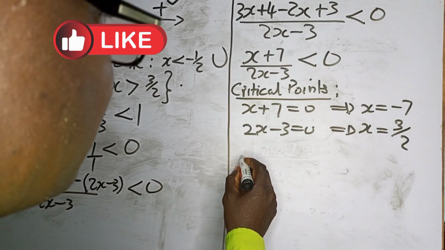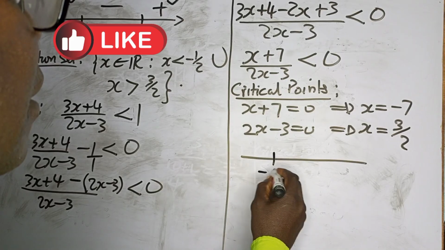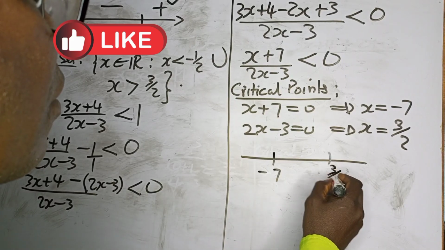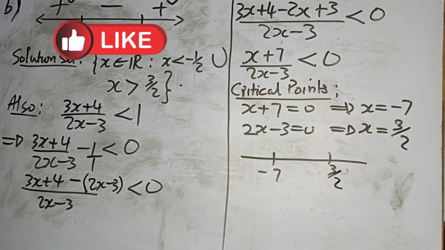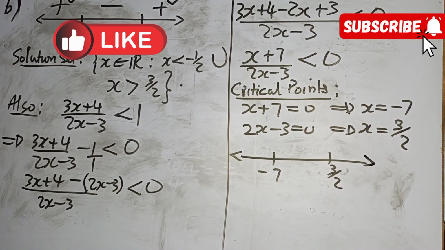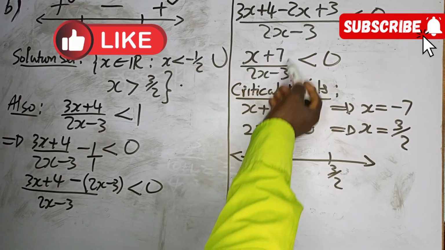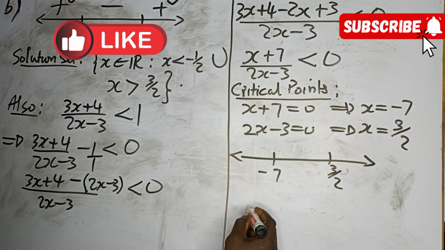Let's do the sign analysis on the number line. All right, so we have negative 7, 3 over 2. We have 3 zones also to verify. Take a value from this zone. For example, negative 8. We're interested in the sign.